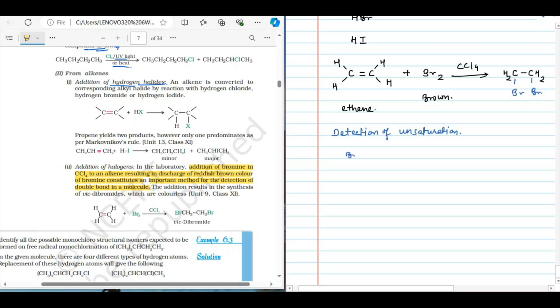In this reaction, the brown color of bromine gets discharged due to addition reaction.